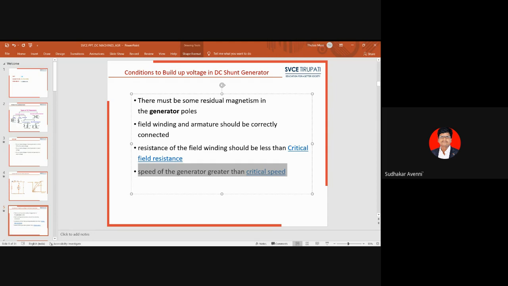Next, regarding critical speed, if the generator fails to build up, the generator speed is below the critical speed. So these four conditions are very important for the generator's build-up process, or its failure to build up the voltage.